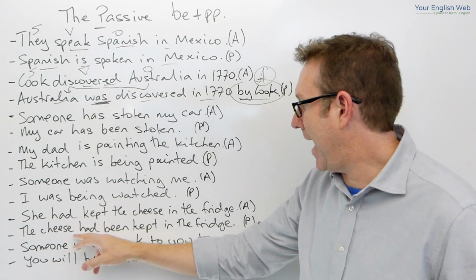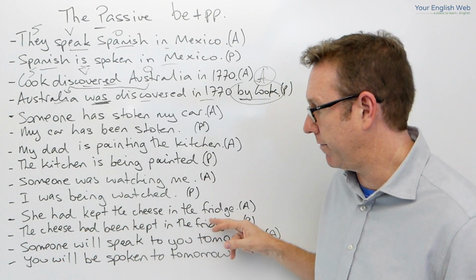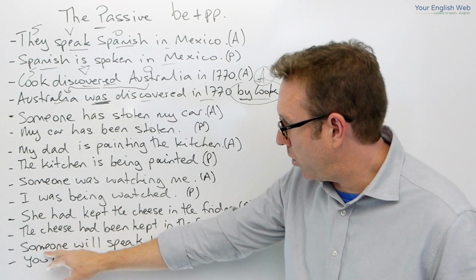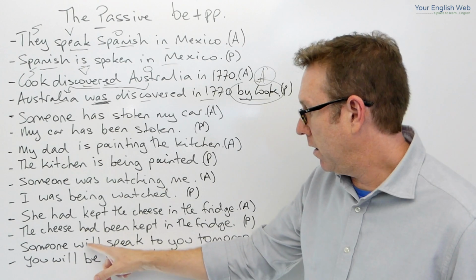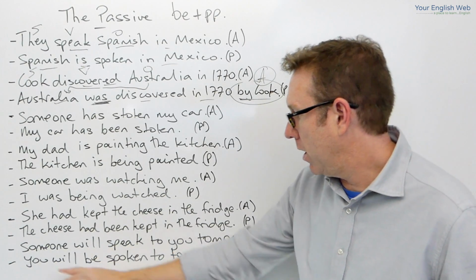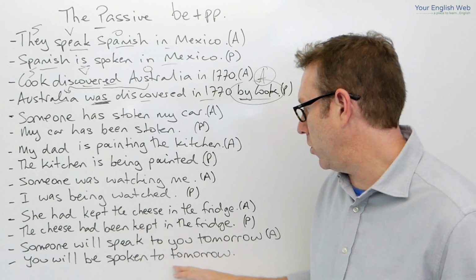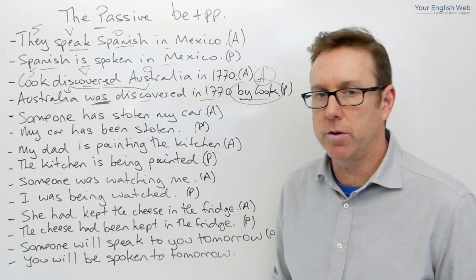The cheese had been kept in the fridge. Past perfect passive. And the last example, someone will speak to you tomorrow. Okay. Future simple. You will be spoken to tomorrow.